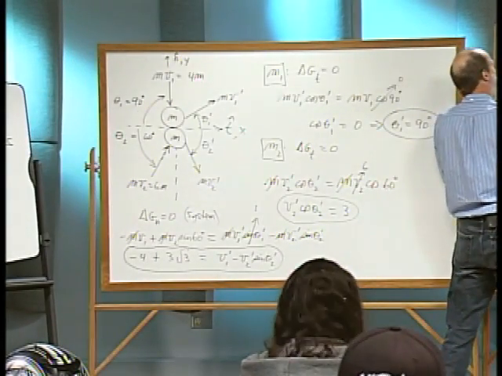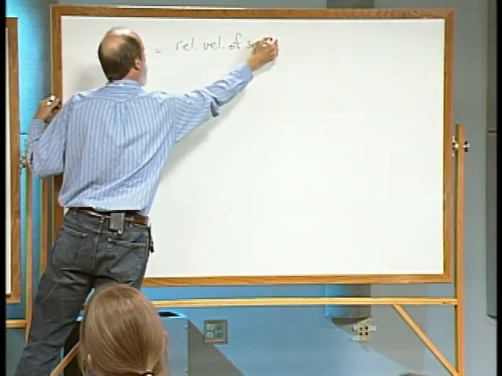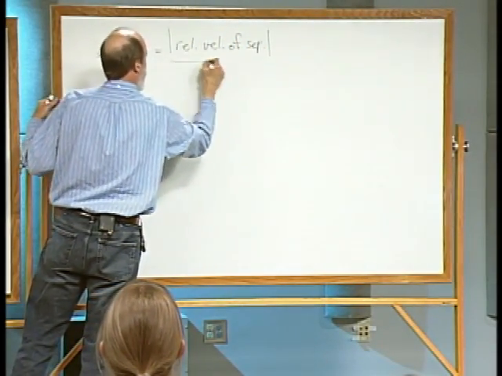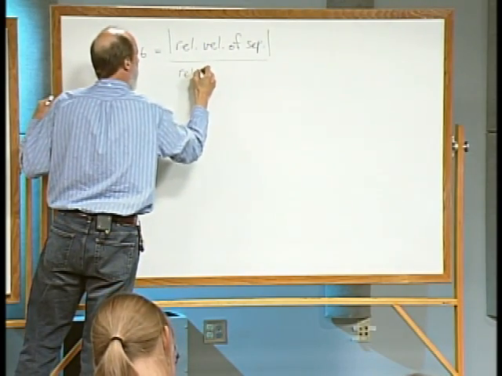So the coefficient of restitution being equal to 0.6, that's the relative velocity of separation, and we just take the absolutes of those, divided by the relative velocity of approach.